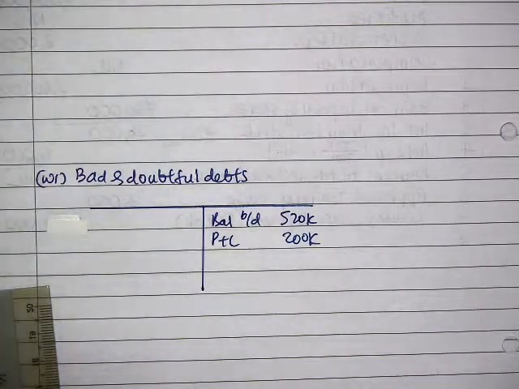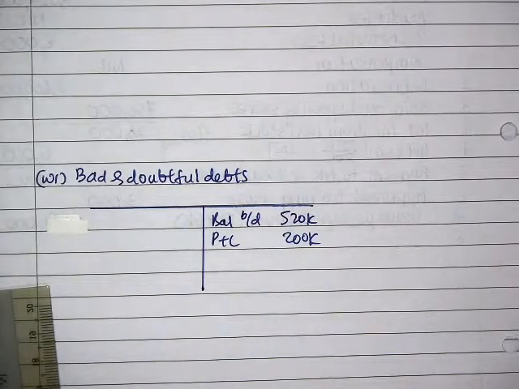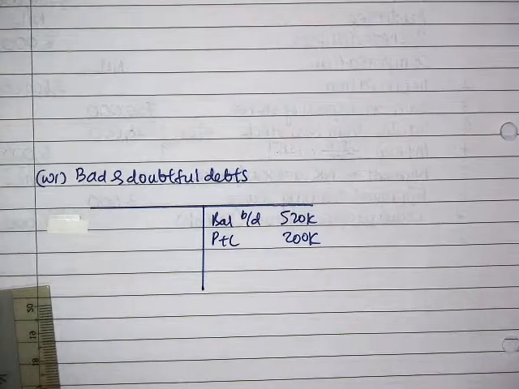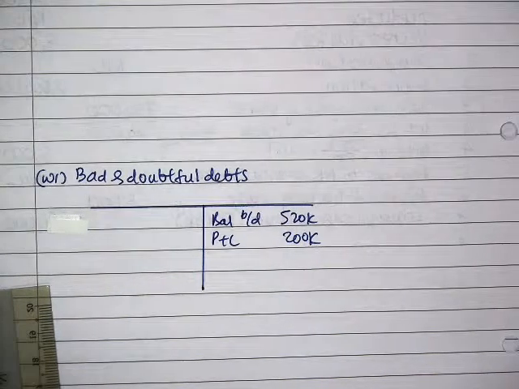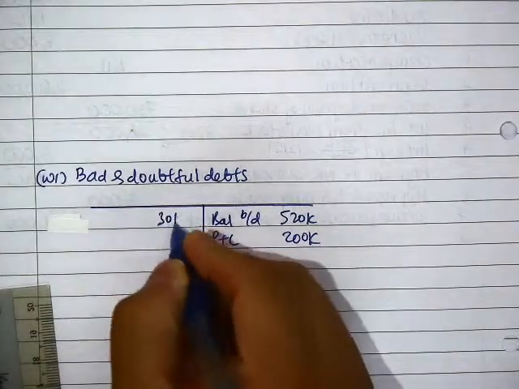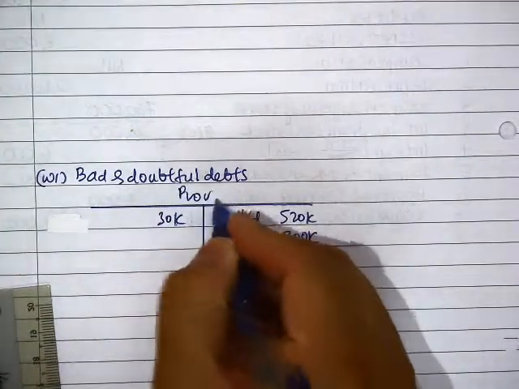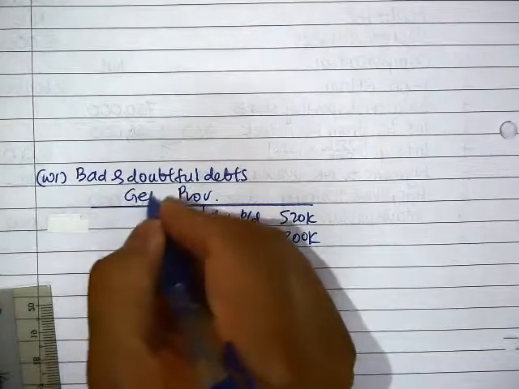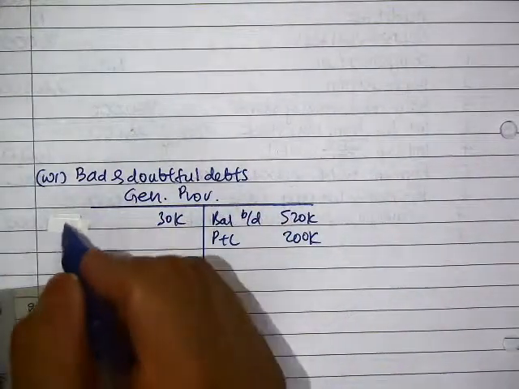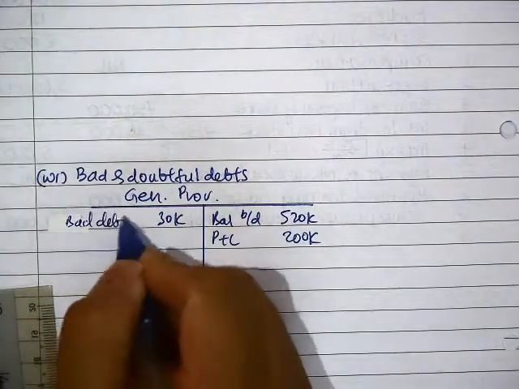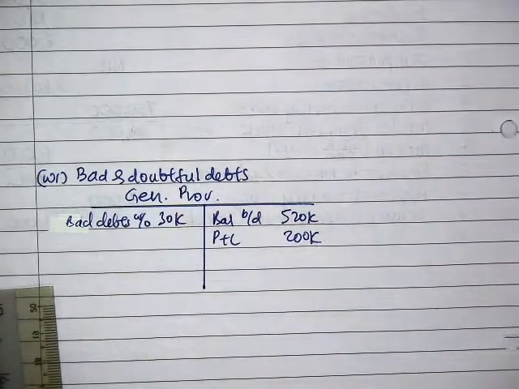Now then they also mentioned that's amount written off and amount written back. So you write off 30,000. That means you cancel off 30,000 from the provision account, okay, from the general provision. Now these are bad debts written off.